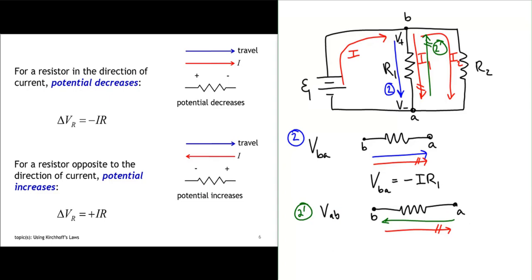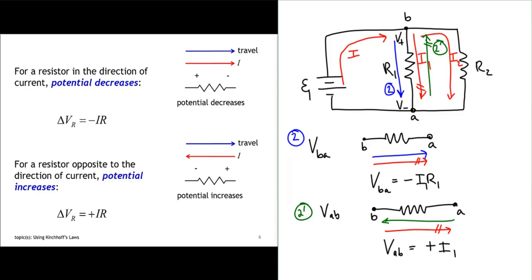Whenever the path of analysis is opposite to the direction of current, your potential across the resistor increases. This would be the potential from A to B is equal to positive the current through that resistor. Oh, and I should have called this I sub 1 because it's the current through resistor 1. So put that subscript 1 on these currents.